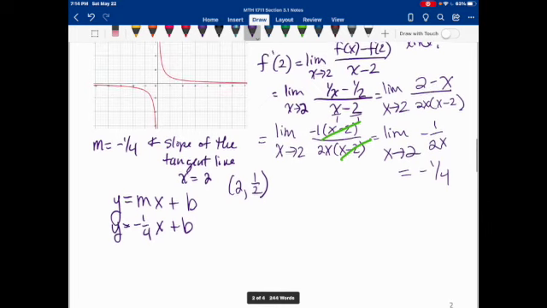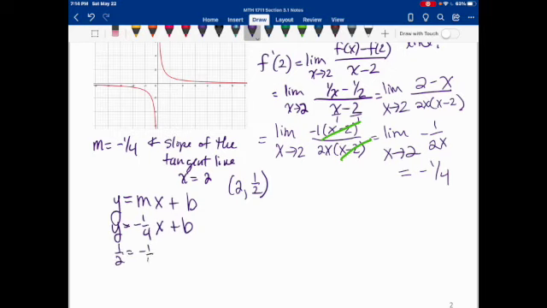So there's the point that I'm going to use. Make sure that you're picking a point that is actually on the tangent line, or this isn't going to work. So it's a really good habit to get into to just use that point of interest every time, because you know that will be on your tangent line.